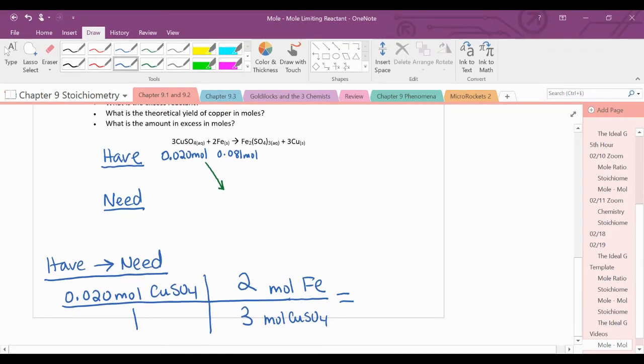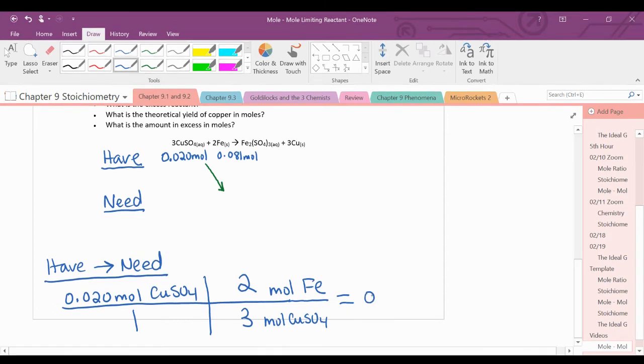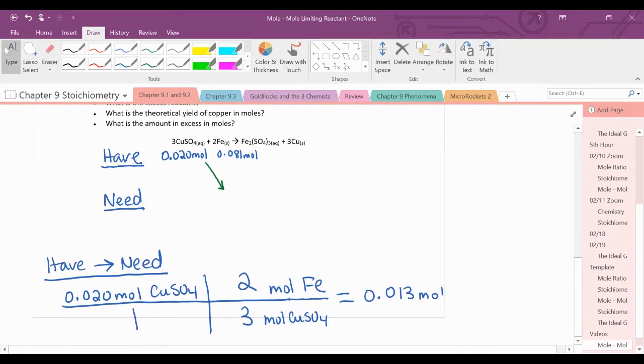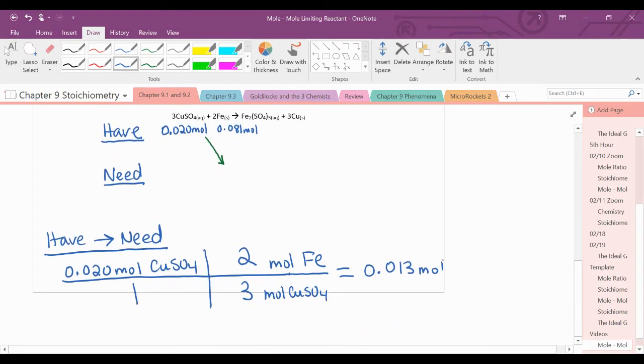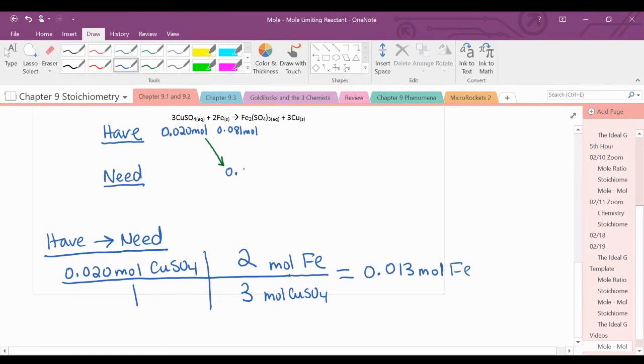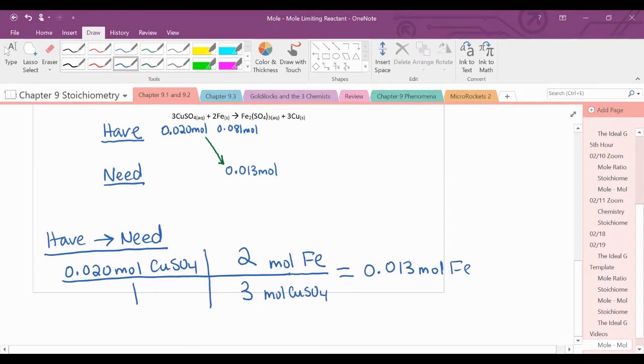And so I would multiply across the top of my railroad tracks, multiply along the bottom, divide. Remember sig figs. And so I would need 0.013 moles of iron.